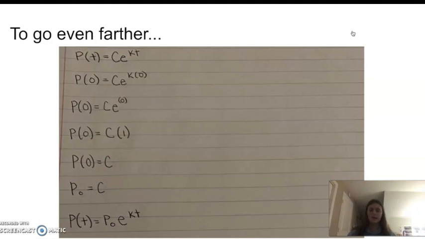So P(0) = C times 1, which is just C. So the initial population, or population at time 0, is C. We can plug that back into the equation from the top, and we have the population at time t is equal to the initial population times e^(kt).